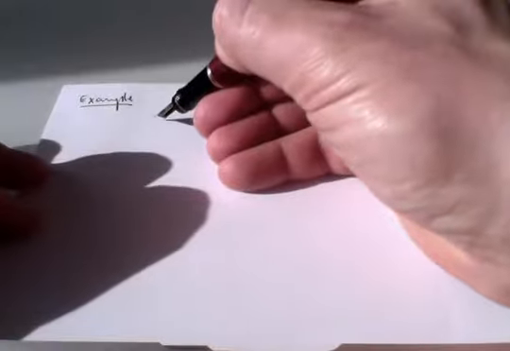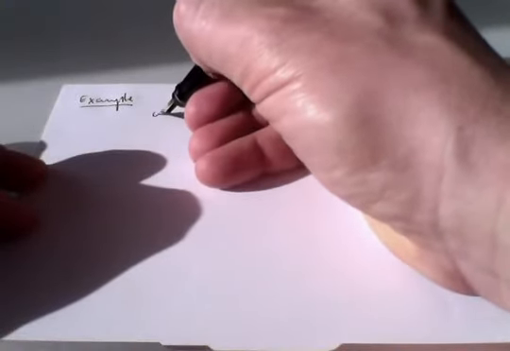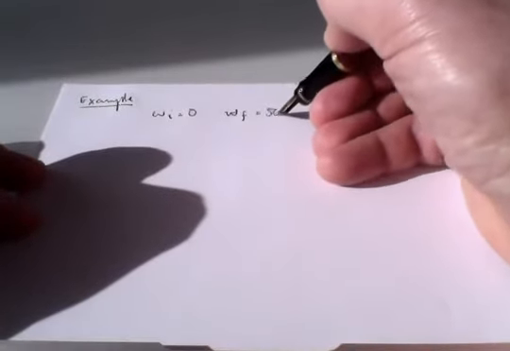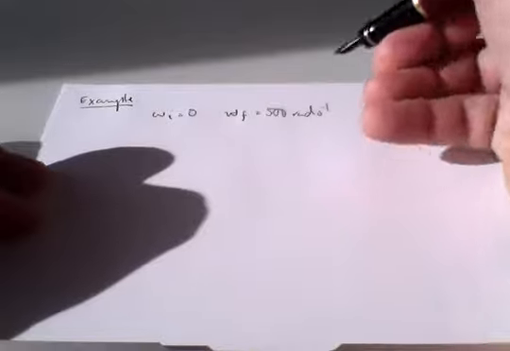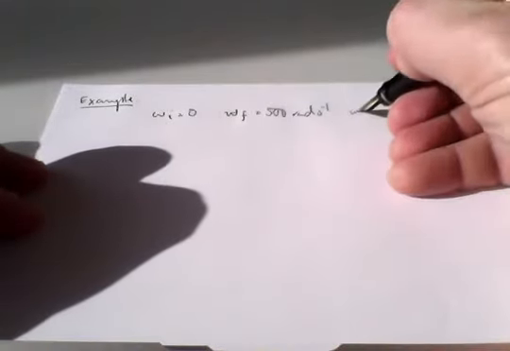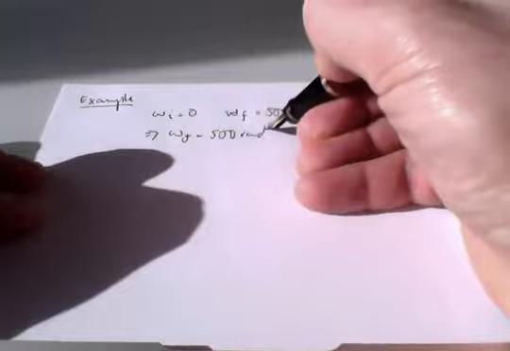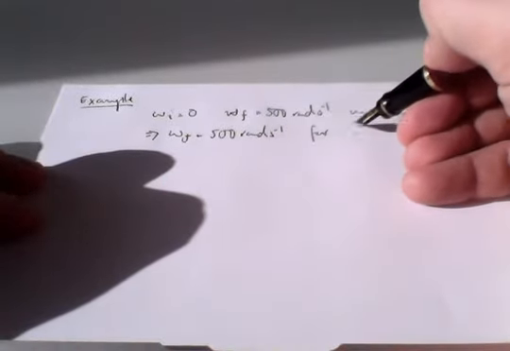Let's say we have an object that uniformly accelerates rotationally from initially 0 to a final angular speed of 500 rads per second in 10 seconds. Then it continues at 500 rads per second for 50 seconds.